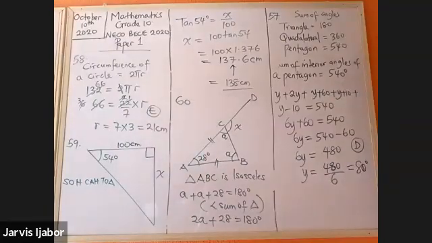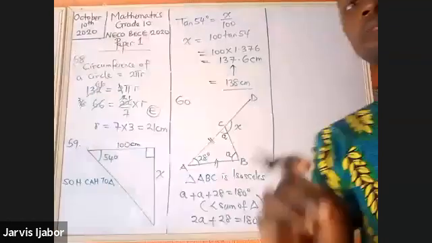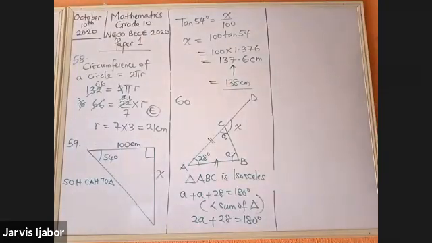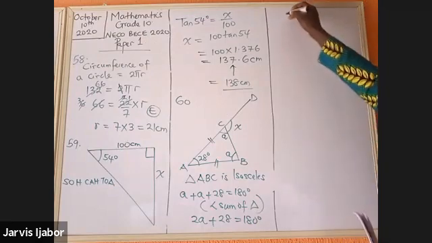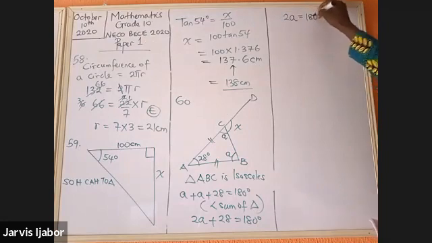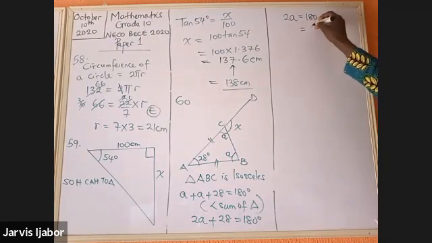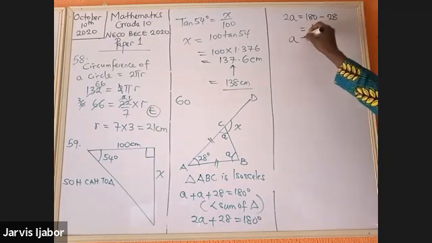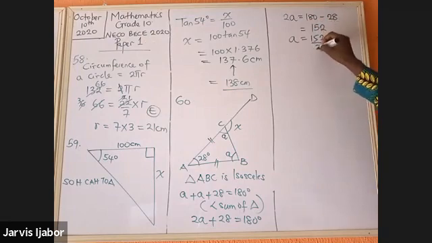So 2A is equal to 180 minus 28, and that will be equal to 152, and A will be equal to 152 divided by 2, and that will be 76 degrees.